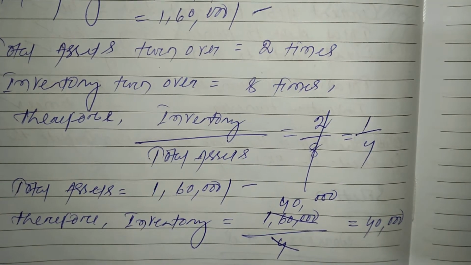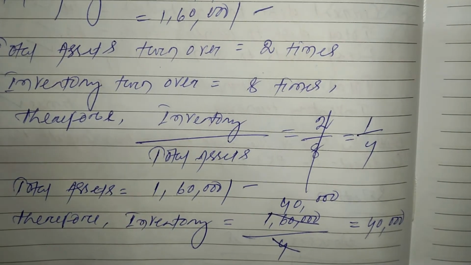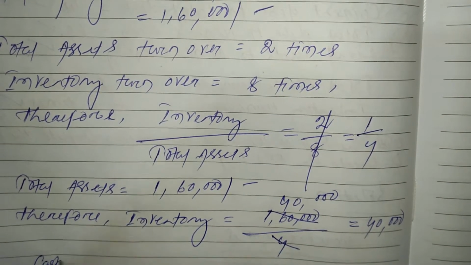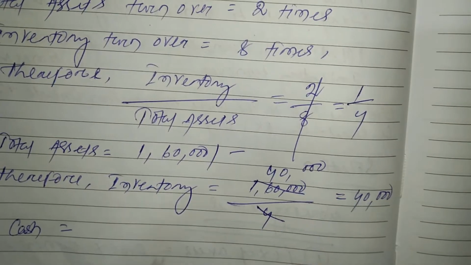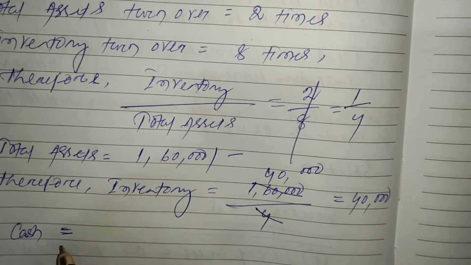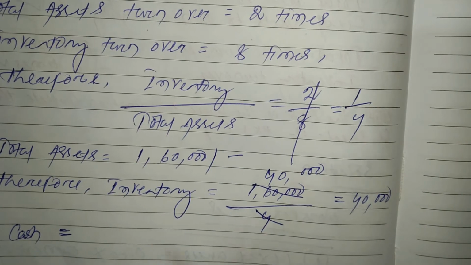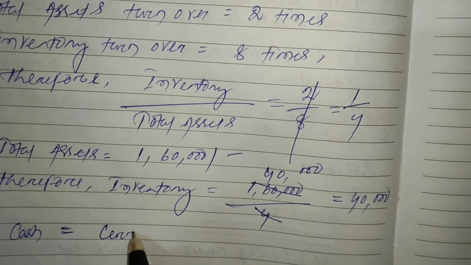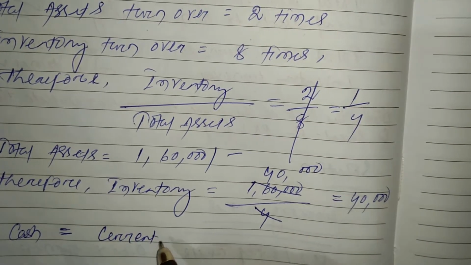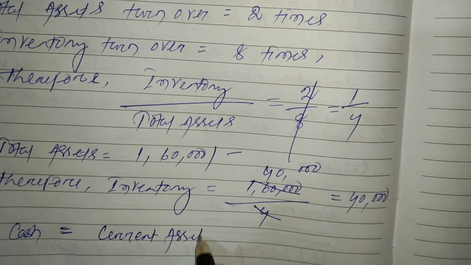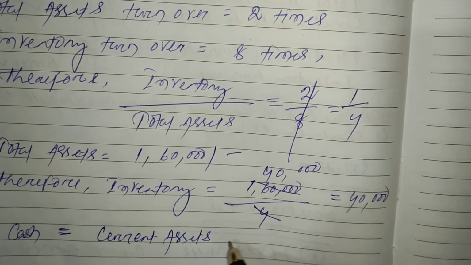Now we have to find cash. How to find out cash? We have to subtract inventory from total current assets.